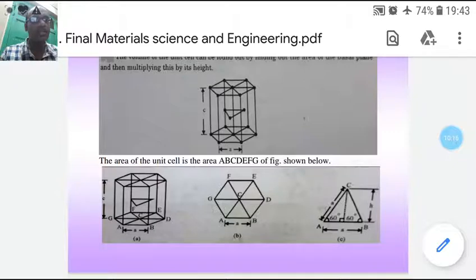ABC is the triangle and the included angle for a hexagon is 60 degrees, the side is the lattice parameter a, and the height of the triangle is h.